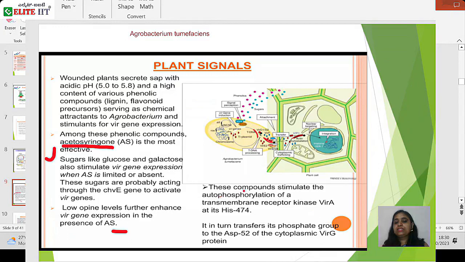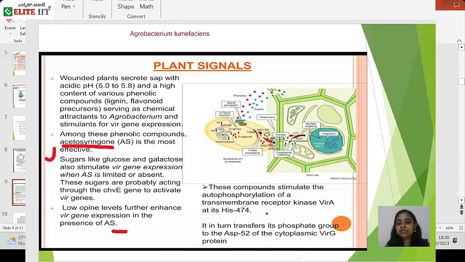acetosyringone. These compounds stimulate the autophosphorylation of a transmembrane receptor kinase, VirA. In a few cases, phosphorylation may create activation of the enzyme or deactivation of the enzyme. Most of the cases you will see, whenever phosphorylation is happening, that enzyme is activated after phosphorylation.